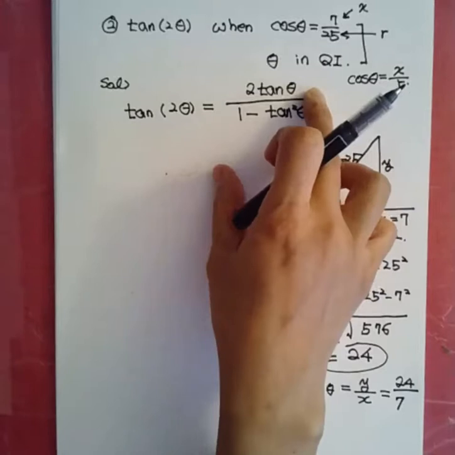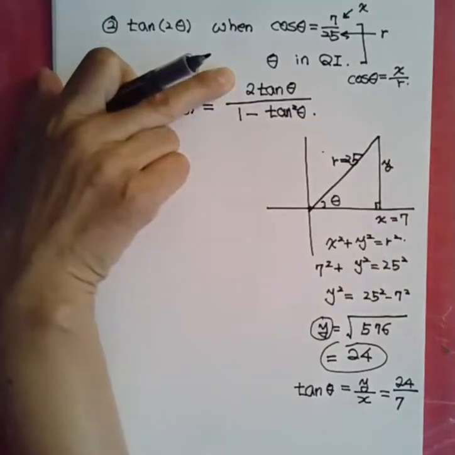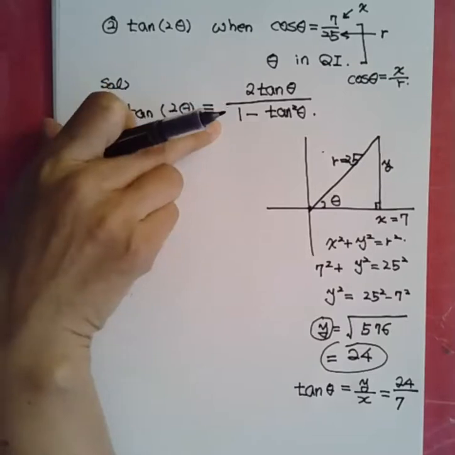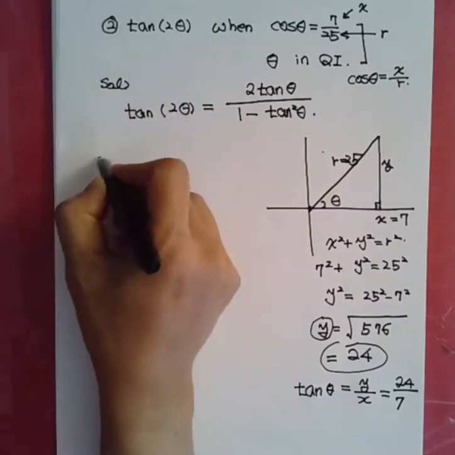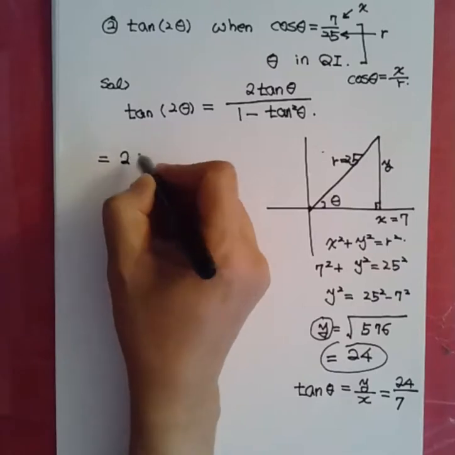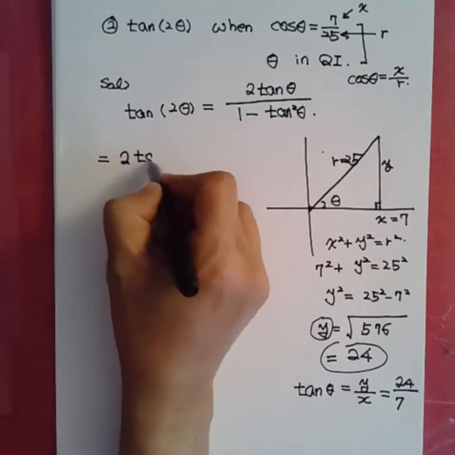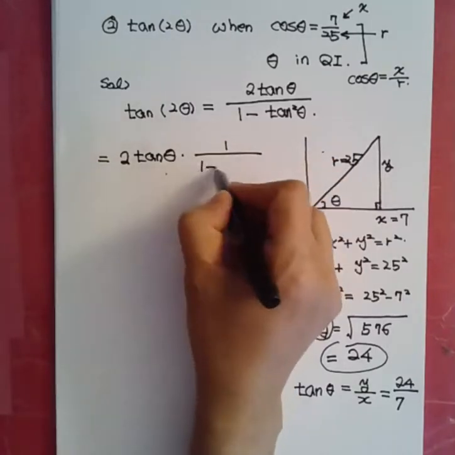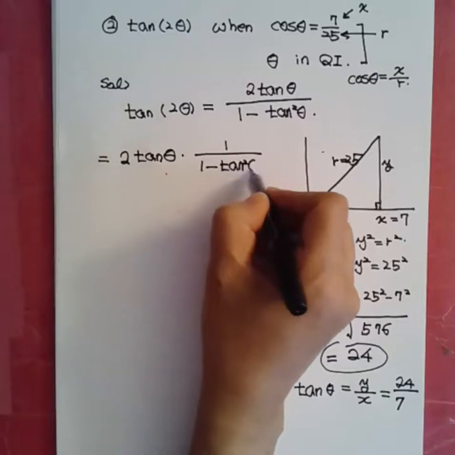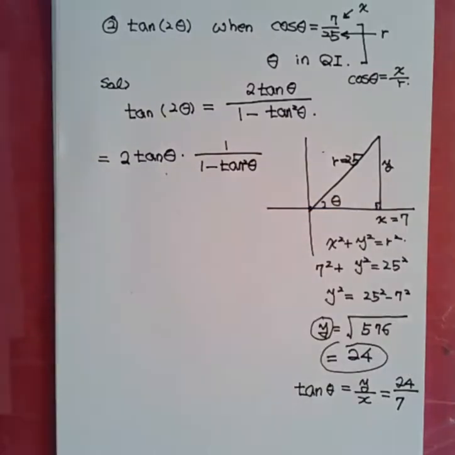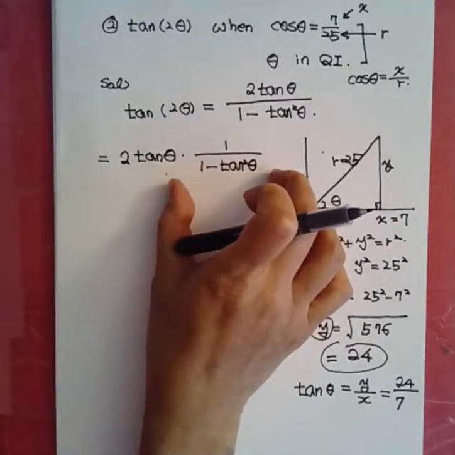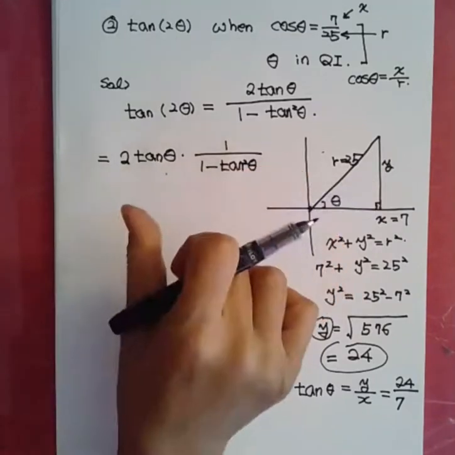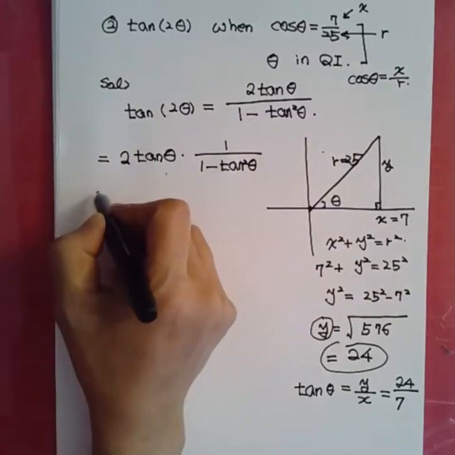Then what we find is the numerator is a fraction and the denominator is also a fraction. We don't like it, so we rewrite the expression as 2 times tangent of theta times 1 over 1 minus tangent squared of theta. In this case, after we calculate 1 minus tangent squared of theta, we will flip it to get the reciprocal.